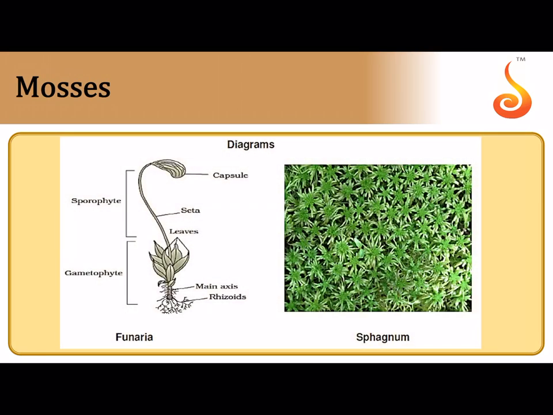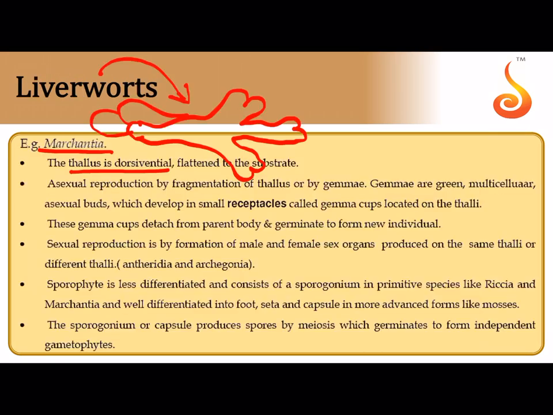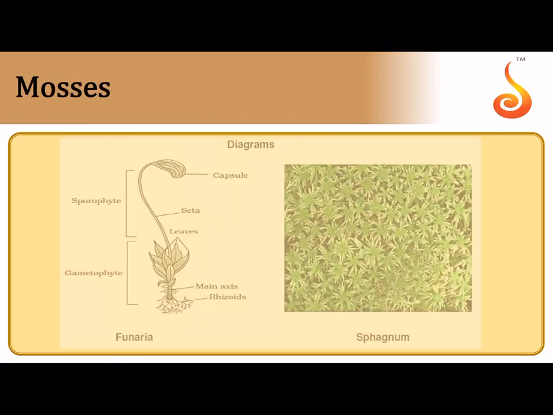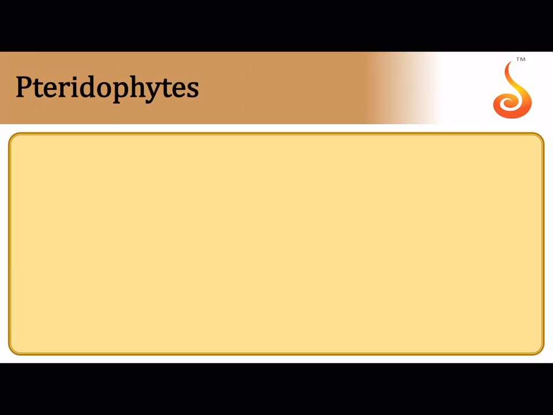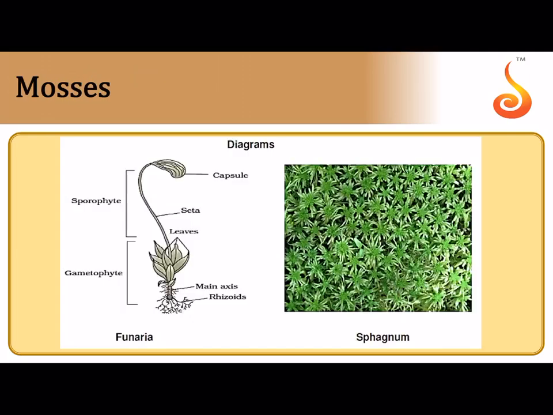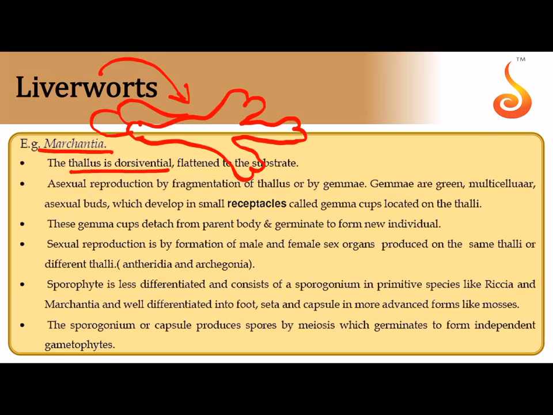Now, if you see this image, I will show you the picture of Marchantia here. Okay, it's not here, so let me just show you here only in the Marchantia. Now this is the plant body. I have been telling you that the major plant body that is formed is what? It is a gametophyte, isn't it?